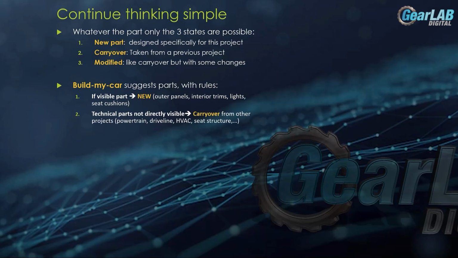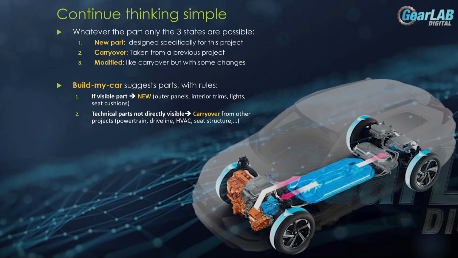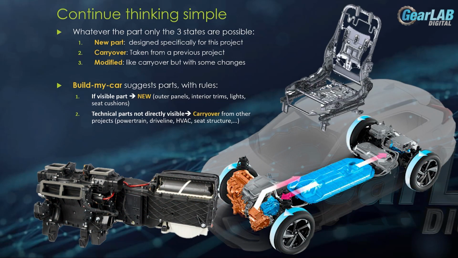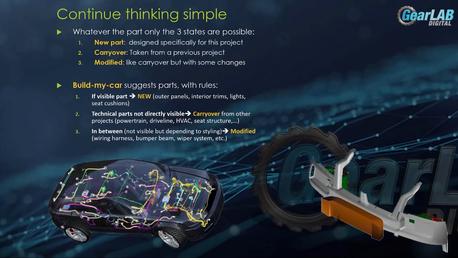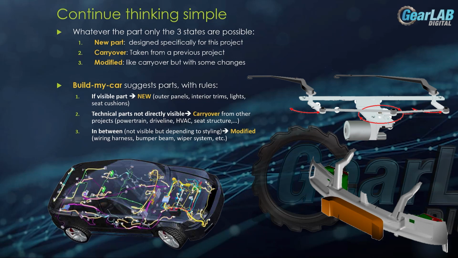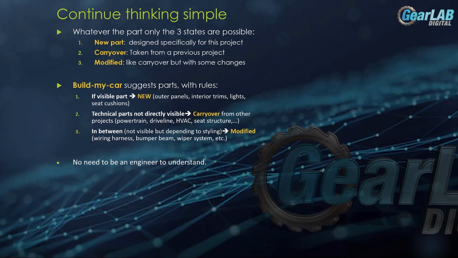All parts non-visible to the final users, like the powertrain, the driveline, the HVAC, the seat internal structure, are by default carryover from other projects. All parts in between, so not visible to the final user, but depending on new styled parts, are set to modified, so not carryover, but issued from, like wiring harness, bumper beams, wiper system, etc. No need to be an engineer to understand these statements.